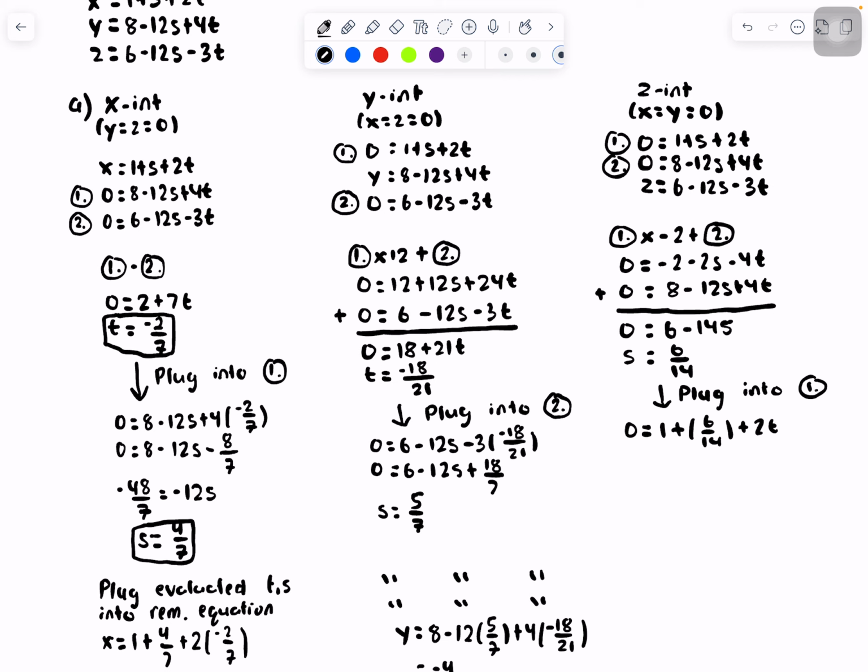So then 0 equals 1 plus 6 over 14, which is 10 over 7, plus 2t. So minus 10 over 7 divided by 2. T is equal to 5 over 7. Oh, sorry. Minus 5 over 7. Perfect.